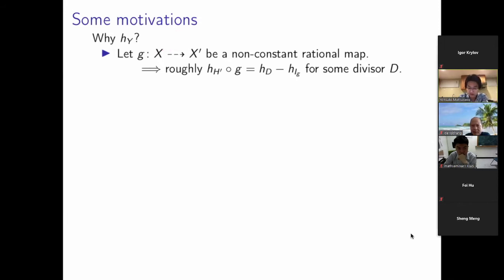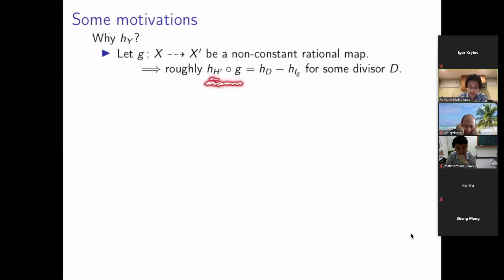When we study arithmetic dynamics of this kind of map, we usually encounter this situation. So G is a rational map from X to another variety, and we sometimes want to know the behavior of this kind of function.